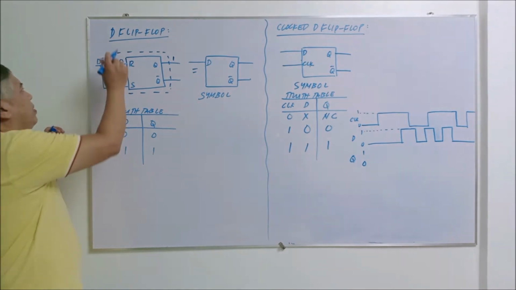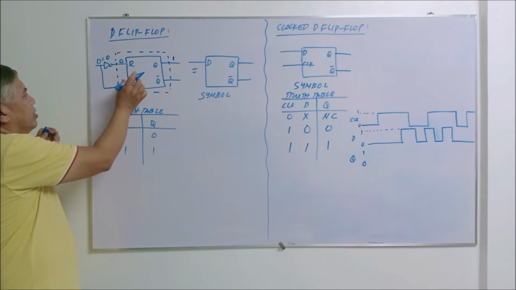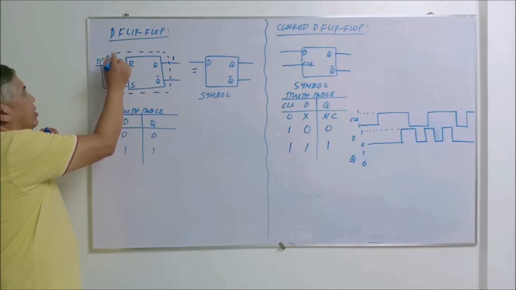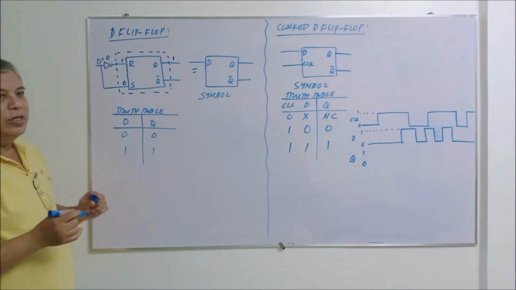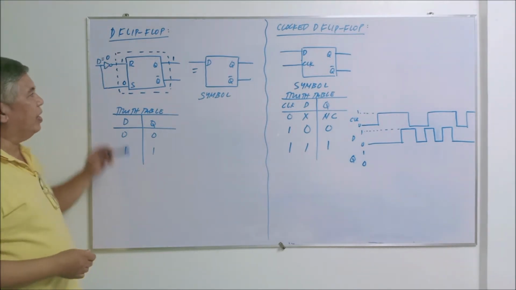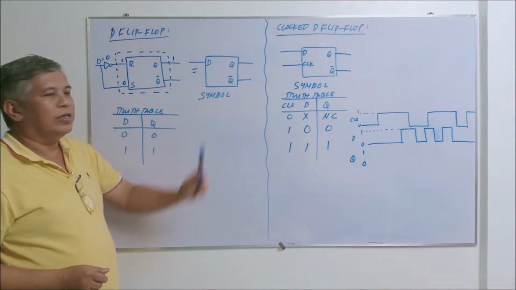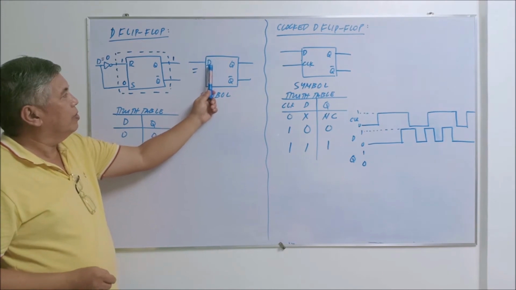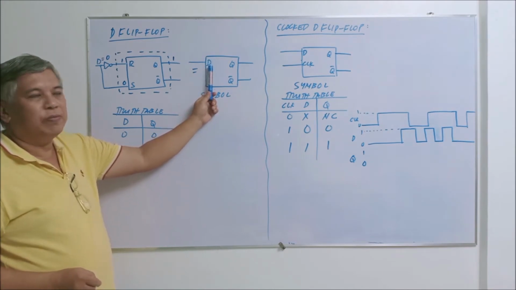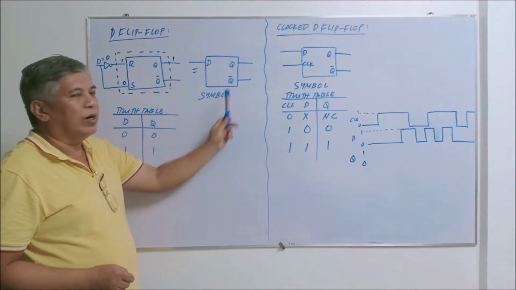Now, if D becomes 0, automatically your S becomes 0, while R becomes 1. So in this case, the so-called race condition is eliminated. Okay? And the final symbol for your D flip-flop is this one. You have one input represented by D, and then the Q output and Q bar.